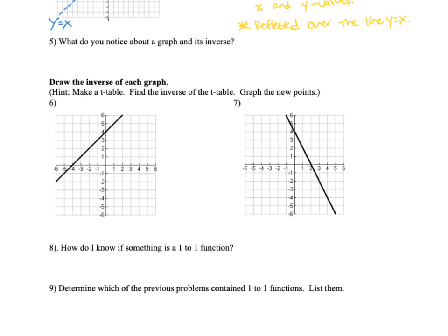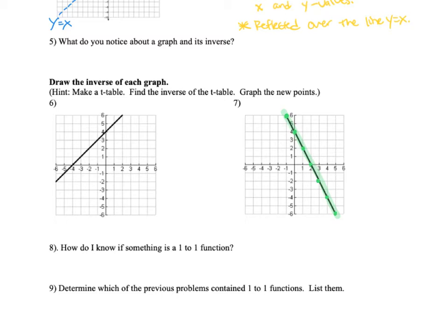So if we took a look at this line right here, we can find all of the nice points. You can name just a few, you can name all of them, but please make sure that you're graphing from one end of the graph to the other.